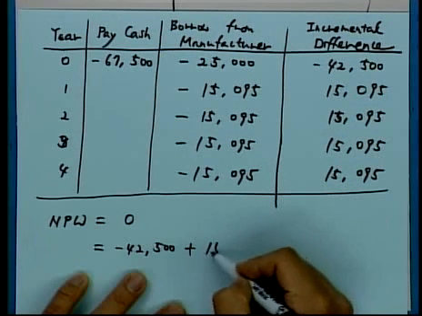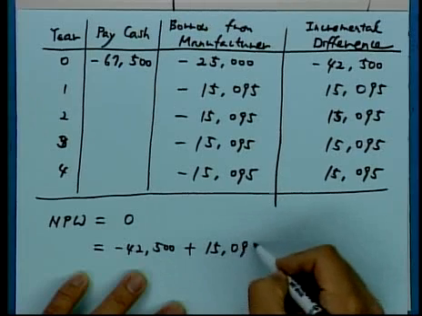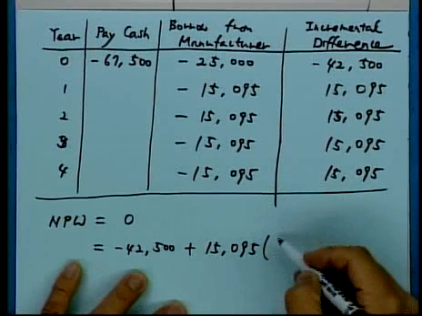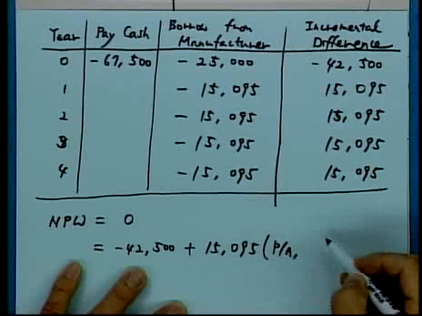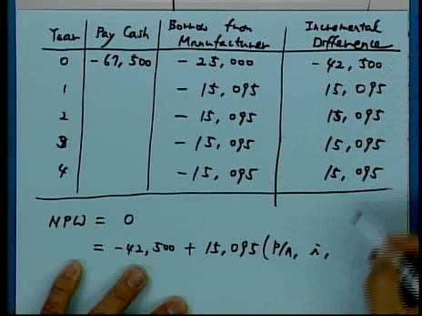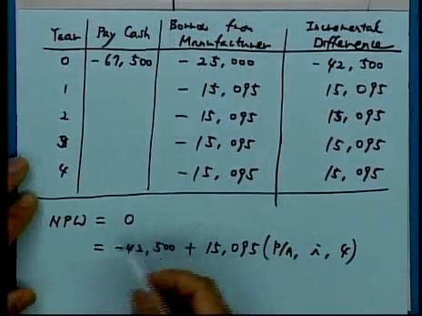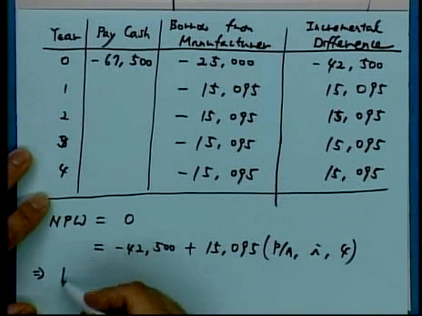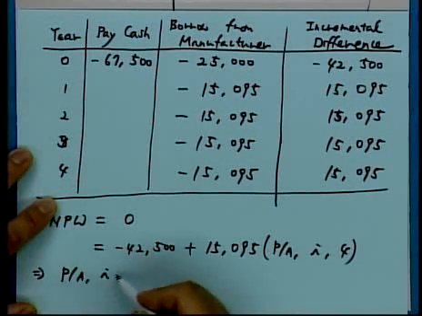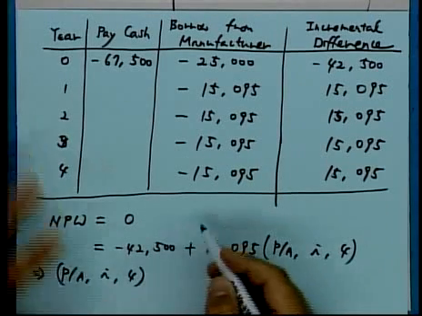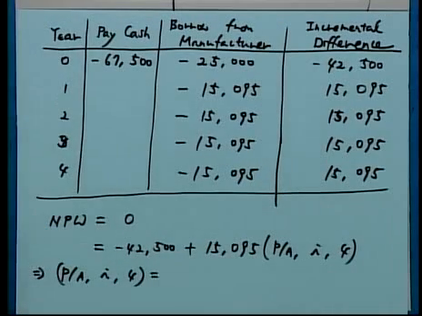So $15,095 times P given A, i over 4 periods. Okay. So here we have P given A, i over 4 periods equal to what value?